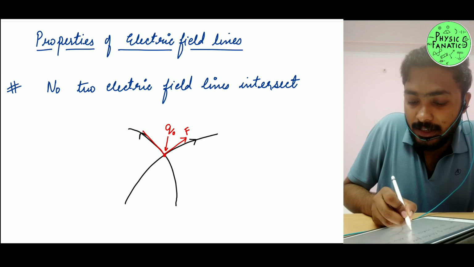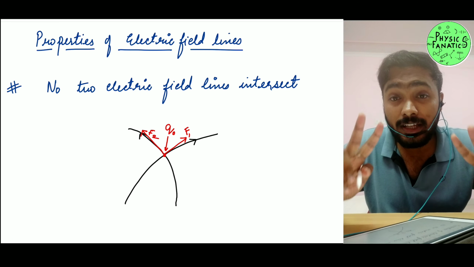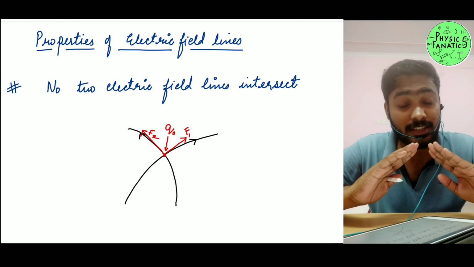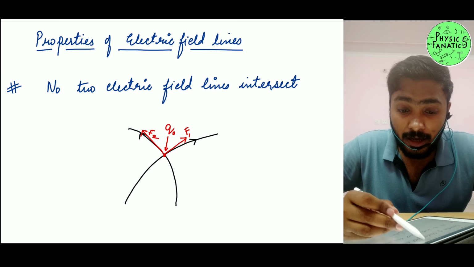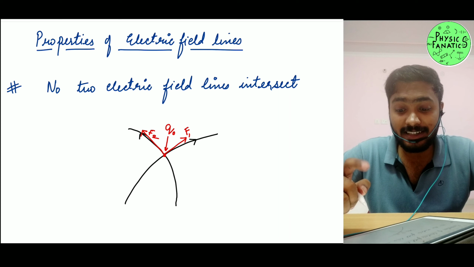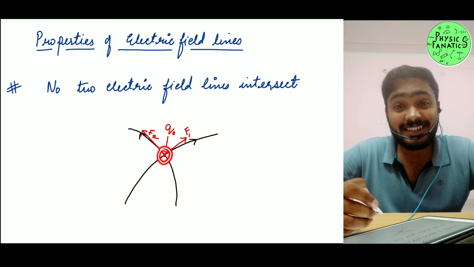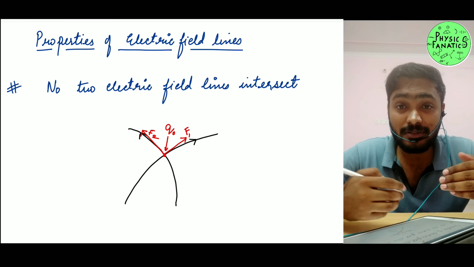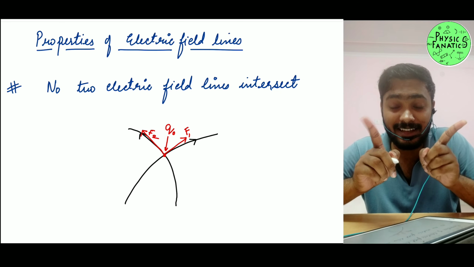One is there, another one is there. Force 1, force 2. Now this is something which cannot happen. How can a test charge have two tangential directions? So the question is where this test charge should experience force. Is it in that direction or in this direction, right?